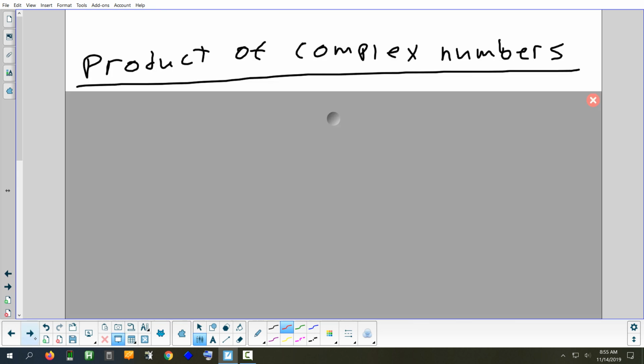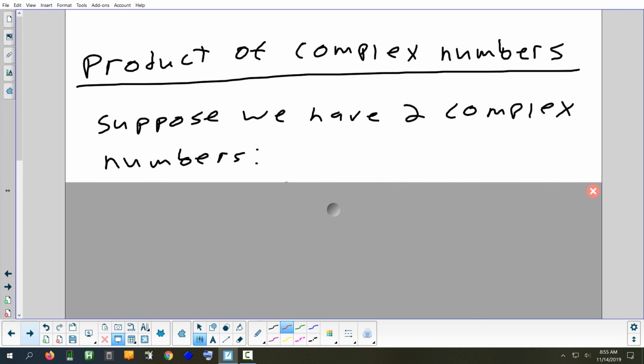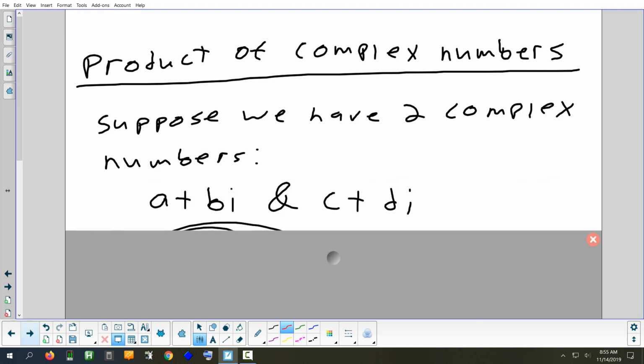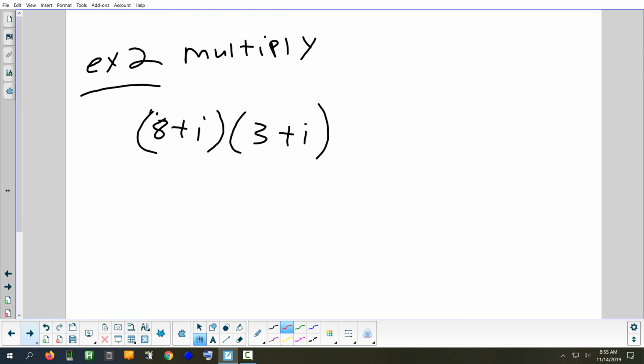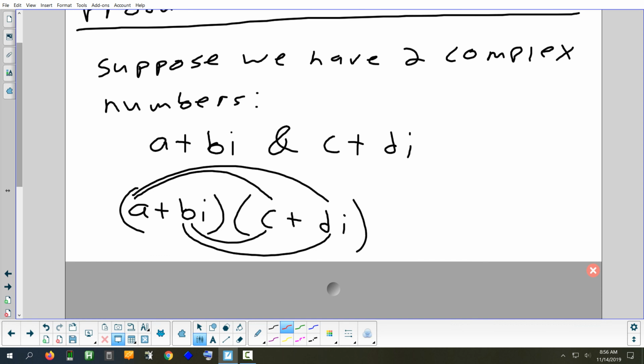Okay, so product of complex numbers, it's basically like foiling. Not basically, it is foiling. So if you had two complex numbers and you want to multiply them together, the way we're going to do it is the double distributive property, which some people learn as the word FOIL.